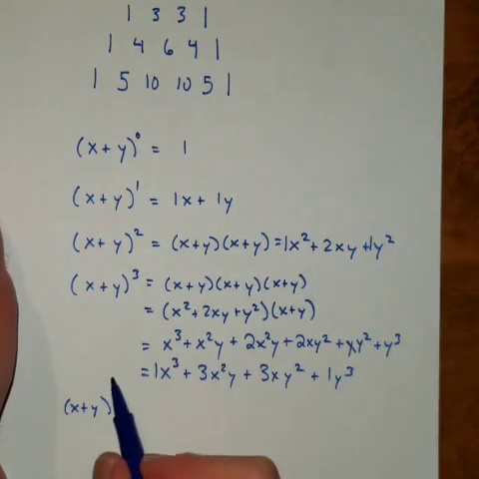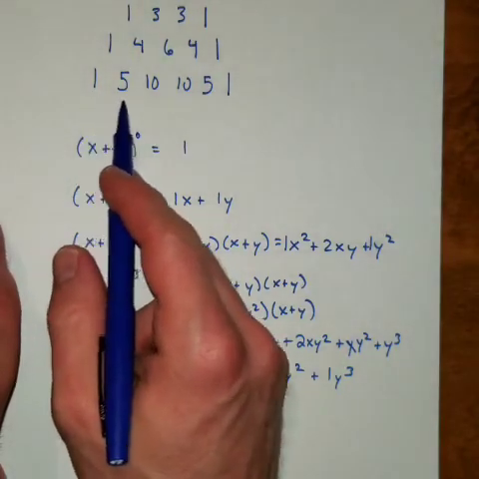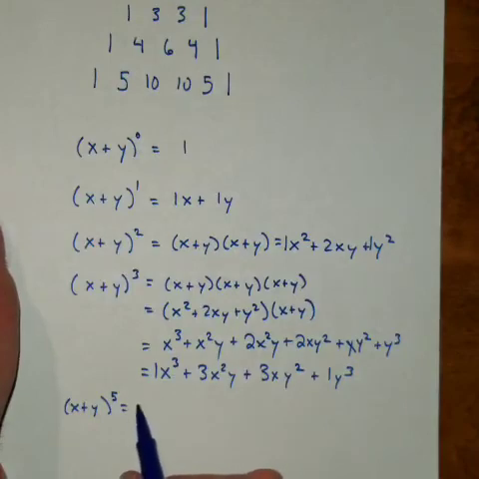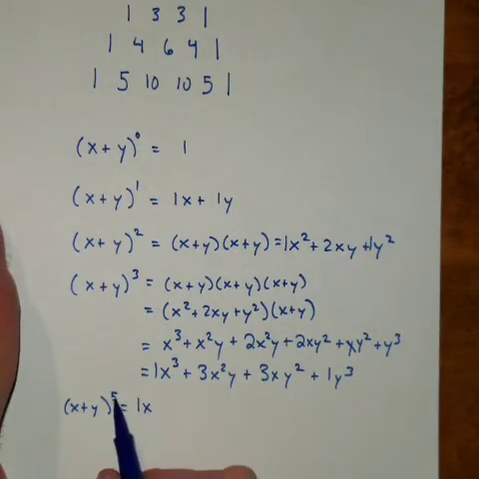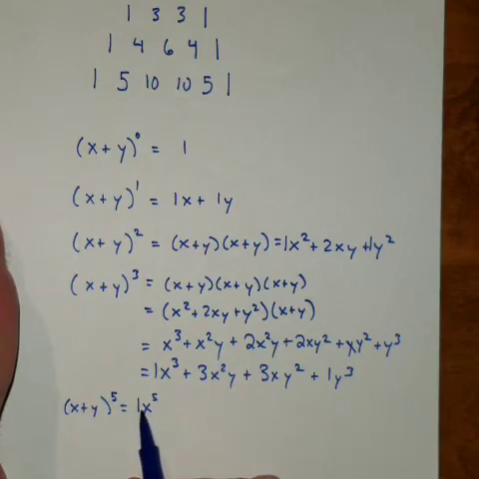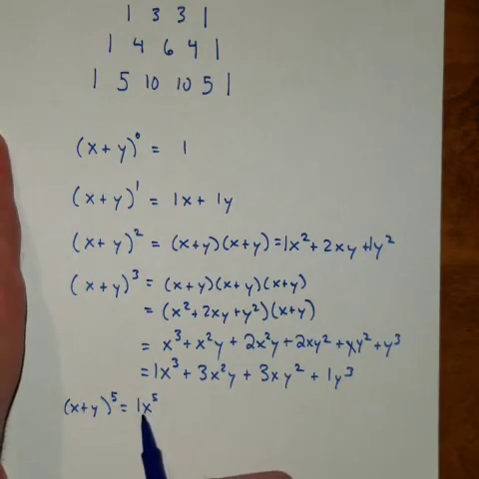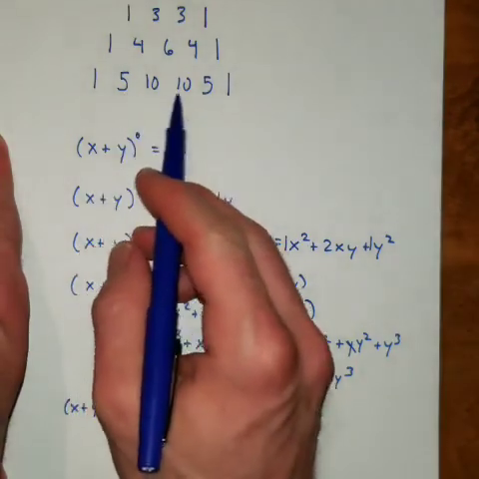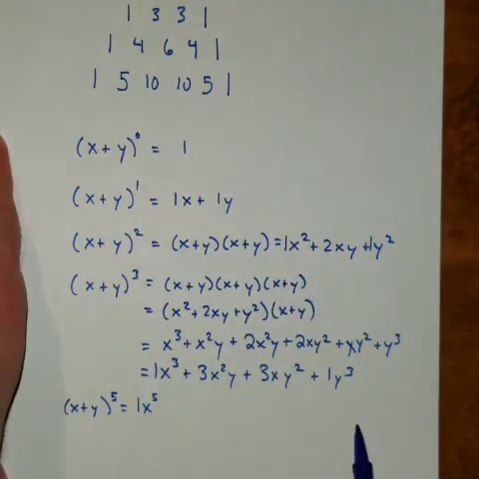That would follow this row of 1, 5, 10, 10, 5, 1. All right, so that would be 1x to the 5th. Now notice the degree of the polynomial has to match the degree here. So it's 1x to the 5th. It'll end in 1y to the 5th. And notice in between, you've got your coefficients, 5, 10, 10, 5, 1 will be the coefficients going through.